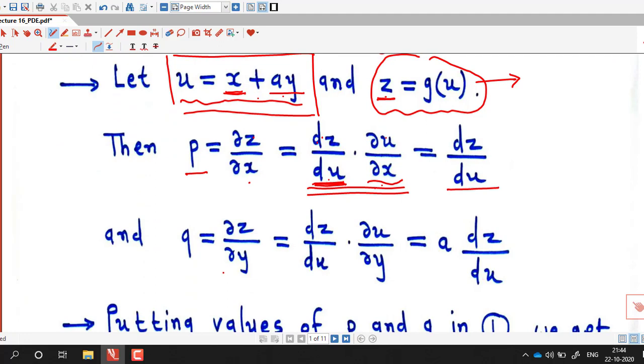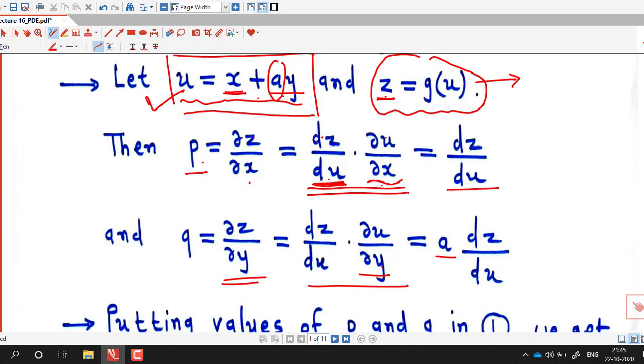Similarly we can write small q equal to del z by del y, which is by chain rule dz by du into del u by del y. And from this we can see del u by del y is nothing but constant a. So del u by del y is small a into dz by du.